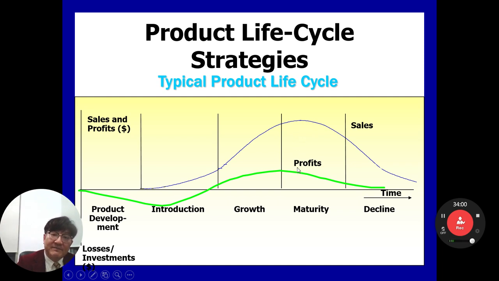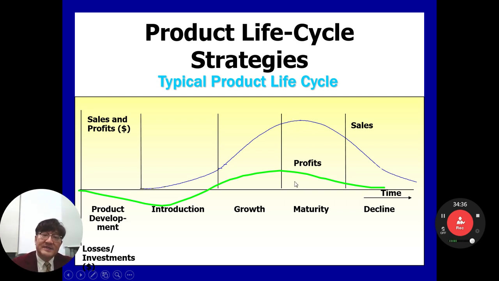And another distinction is the peak of the profit curve always comes earlier than the peak of the sales curve. Okay, the peak of the profit curve always precedes the peak of the sales curve, which means what? Especially the area like this, while the sales is still increasing, but profits start to decrease, right?